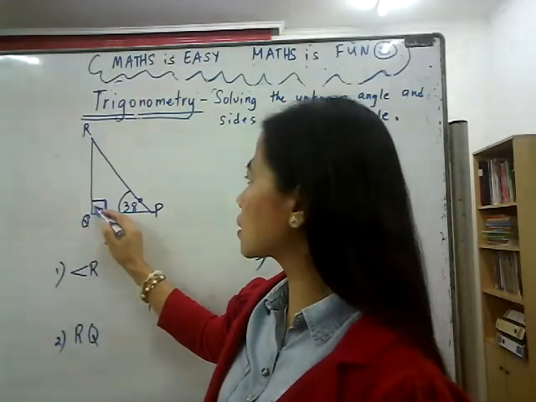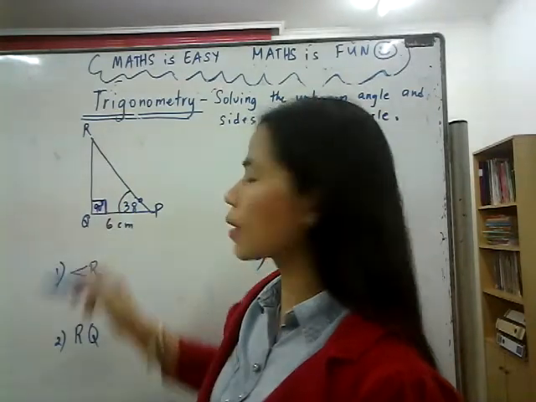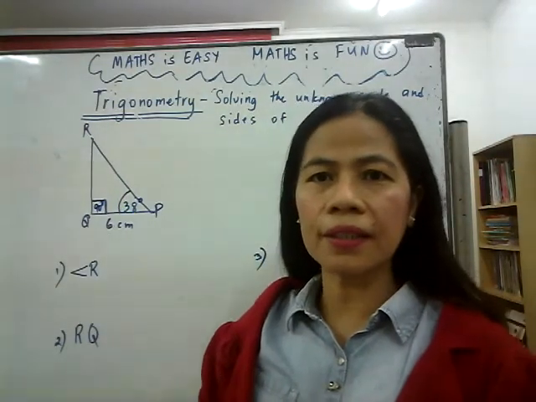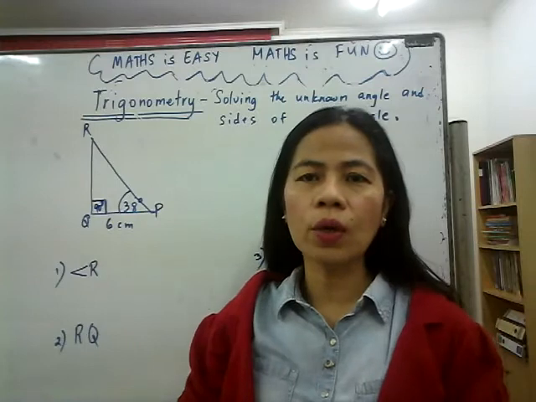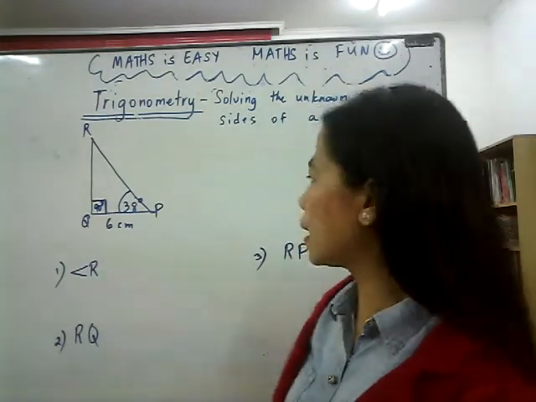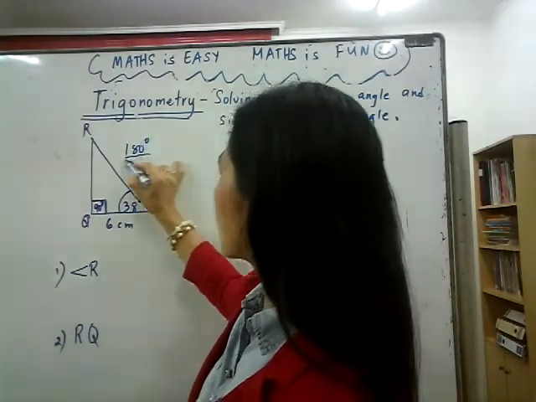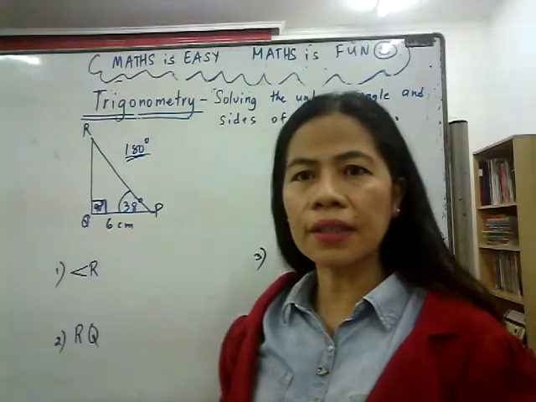So if you see this, it means that this is equal to 90 degrees. And we know that one triangle has a total degree of 180 degrees. So total is 180 degrees.